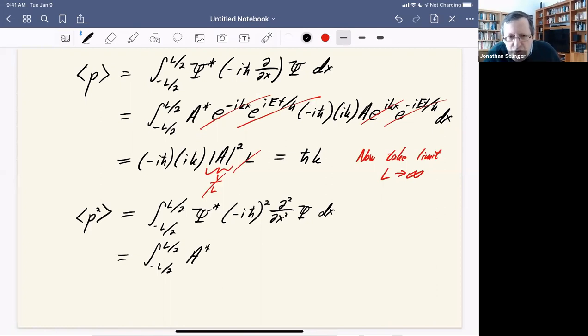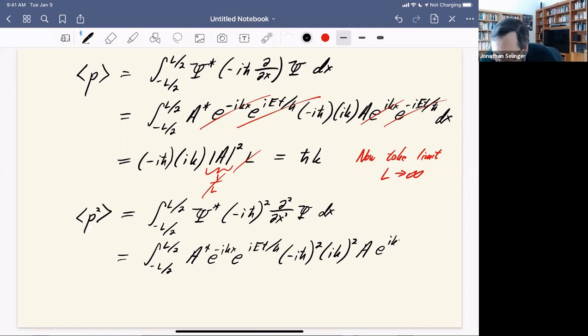We just get two factors of ik. So there's this a star e to the minus ikx e to the i e t over h bar, minus i h bar squared, and two factors of ik, so a e to the ikx e to the minus i e t over h bar dx.